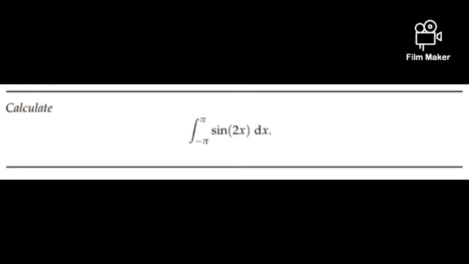To answer this question, students need to know the indefinite integral of sine nx. In this particular example, it's 2x. And the value of cosine x at negative 2 pi and at positive 2 pi.